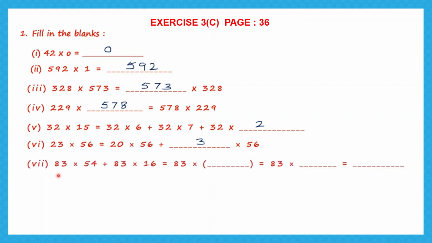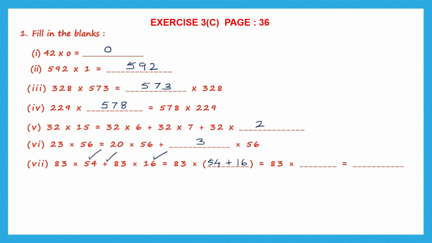Question 7. 83 into 54 plus 83 into 16 is equal to 83 into dash. So this is again the distributive property. So I've taken 54 here, then the plus sign, and then add 16, because 83 is repeated and 16 is missing.